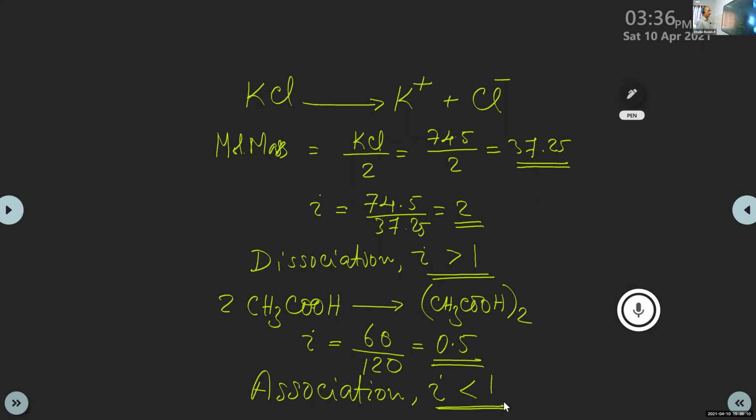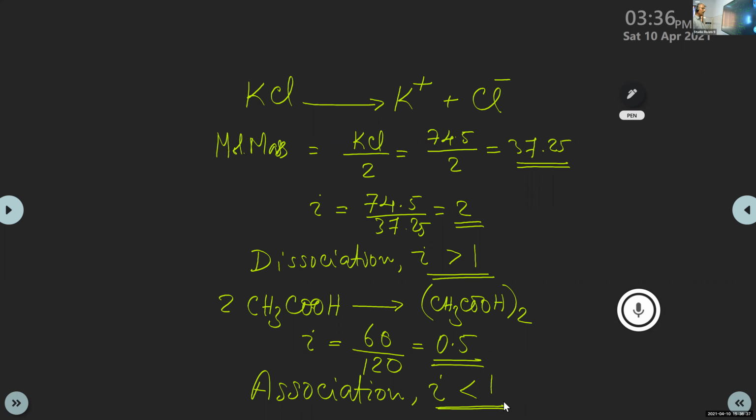Therefore, i is equal to normal molecular mass 60 by abnormal molecular mass 120. That's equal to 0.5. i is equal to 0.5 and it is less than 1. So we can say in general, if there is association, i is less than 1.